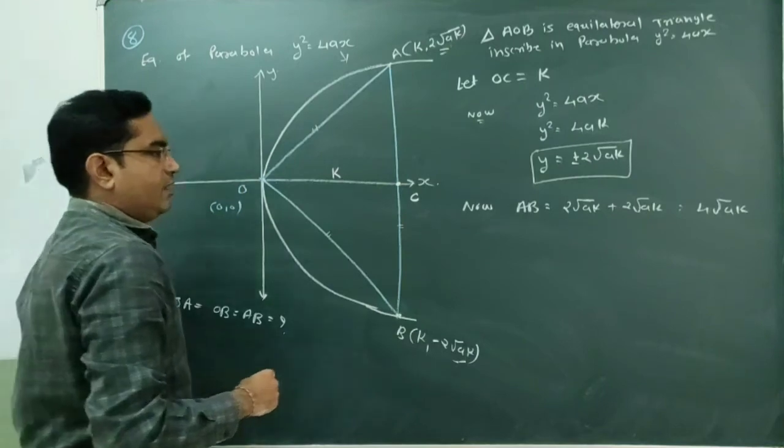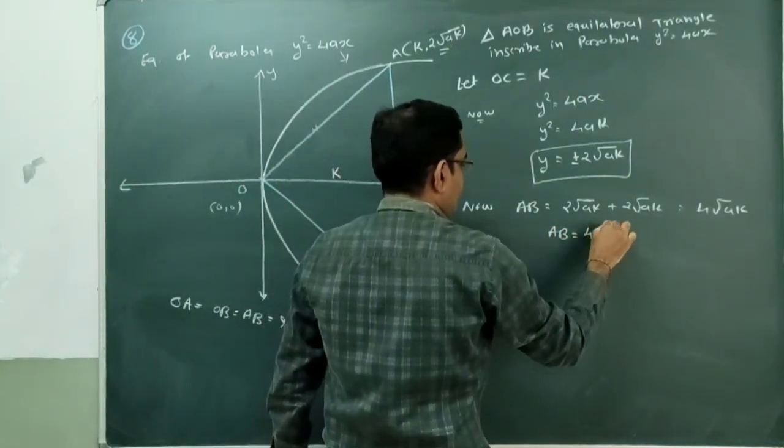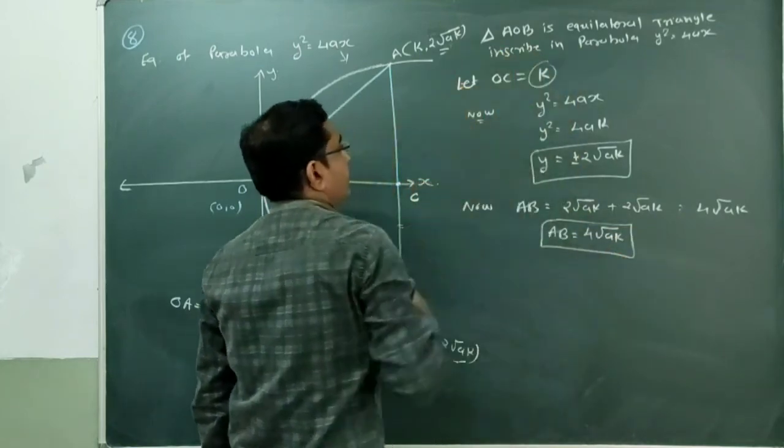Now AB equal to 4 root ak मिल गया, k तो हमने assume किया हुआ है तो उसकी value निकालनी पड़ेगी.